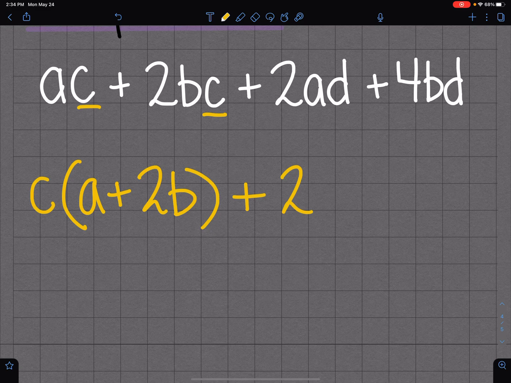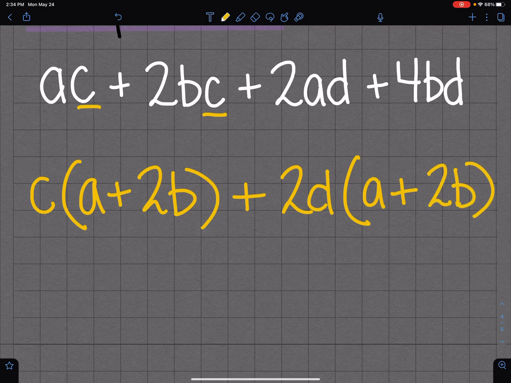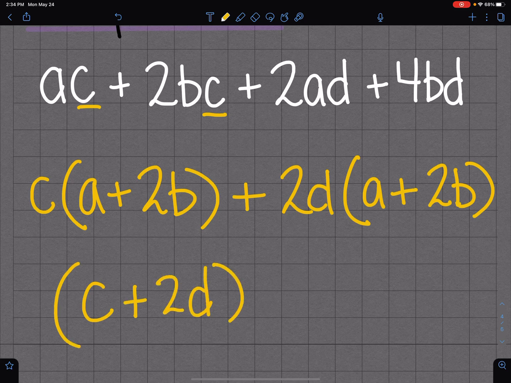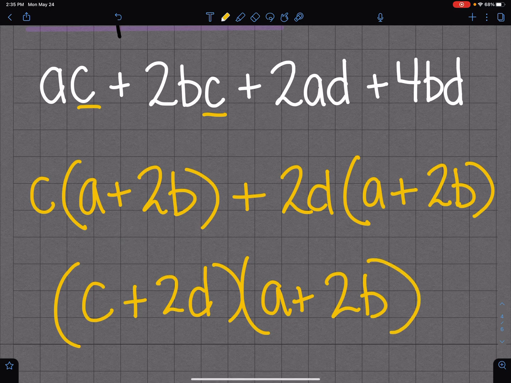So 2d, and then you have a plus 2b. Yep, and you get the same thing. So you get c plus 2d and a plus 2b. Okay, sweet.